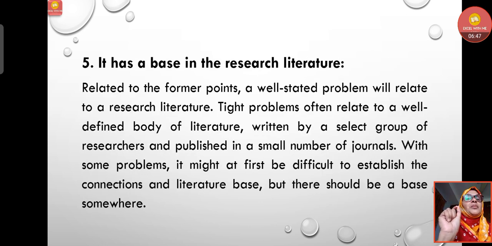Fifth one, it has a base in the research literature. Obviously, related to the former points, a well-stated problem will relate to a research literature. First of all, you select a problem, but when you do lots of literature review, then you will understand the depth of your issue.